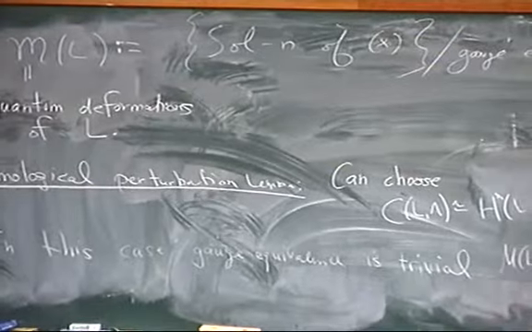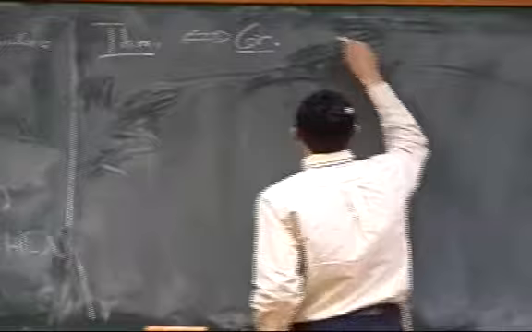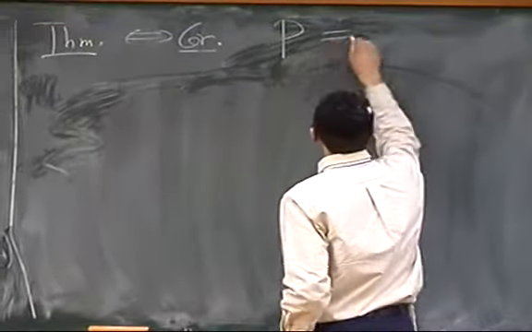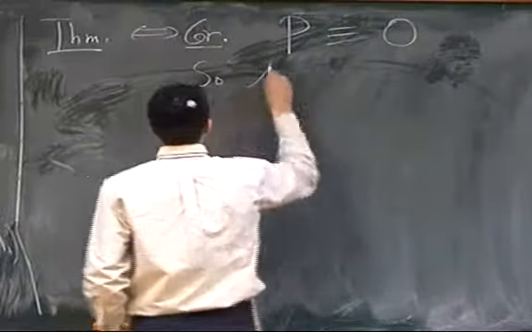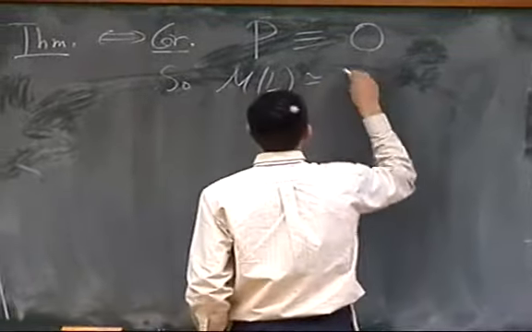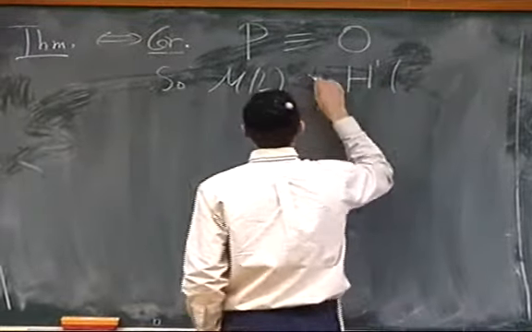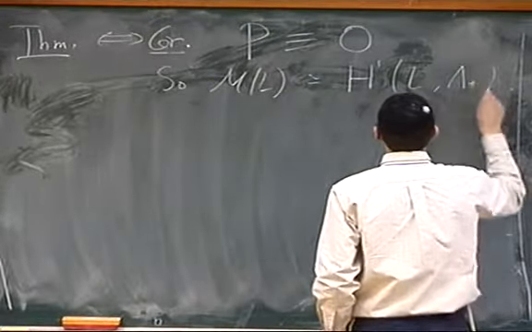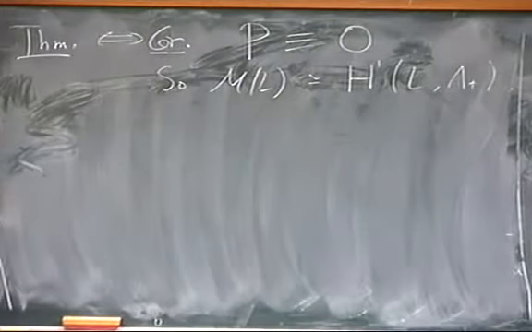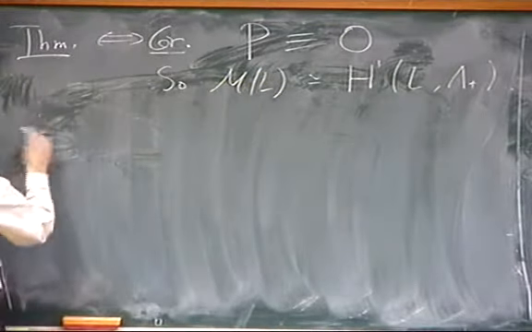So the theorem is equivalent to the following corollary, which is that P is actually identically 0. So M of L is actually just the same as H^1, though not canonically. In other words, the deformation space of L is exactly its first homology, as one would expect from mirror symmetry.